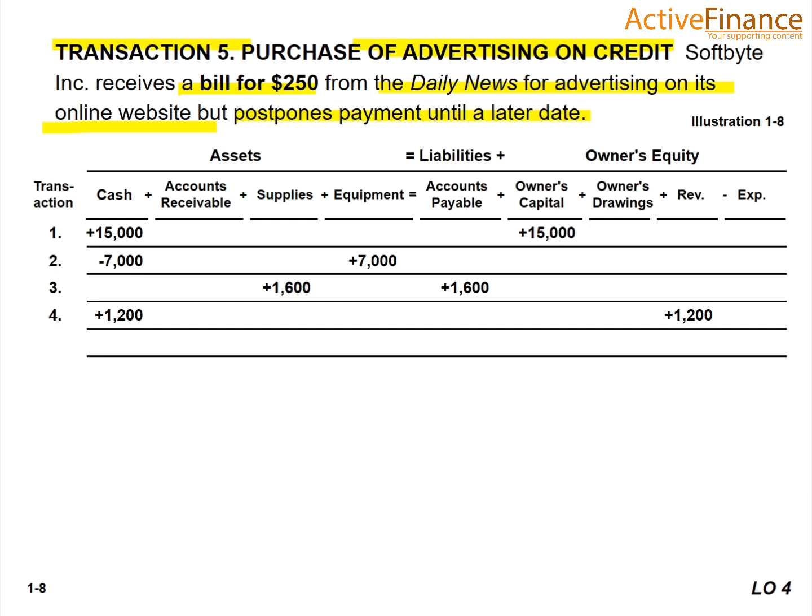So let's record this transaction. We will add in accounts payable, because we have purchased advertising on credit, and we will add this amount in expenses, and the expenses are minused from the owner's equity.